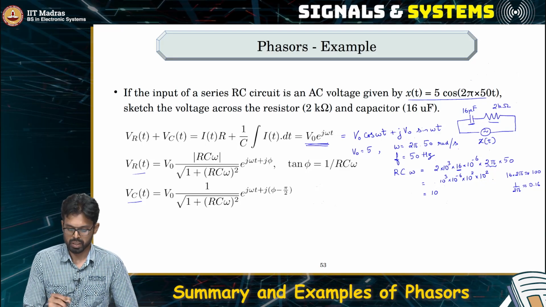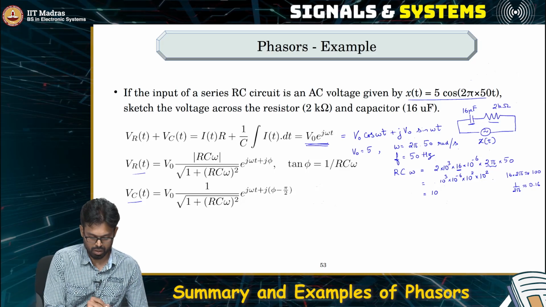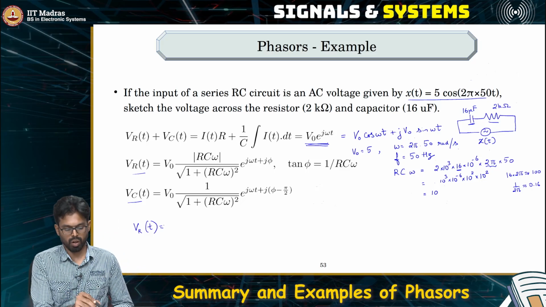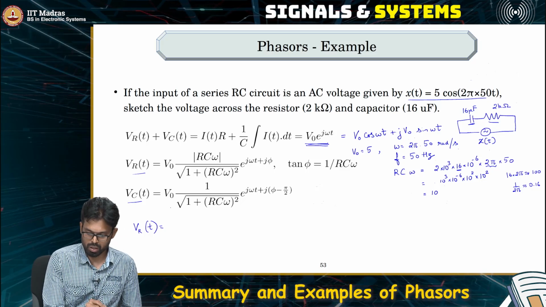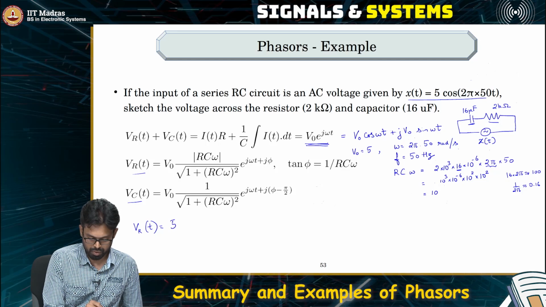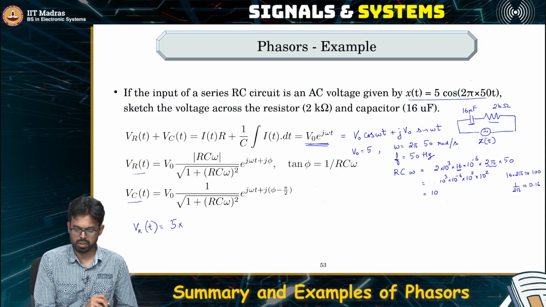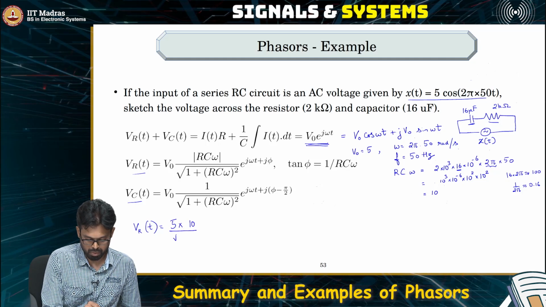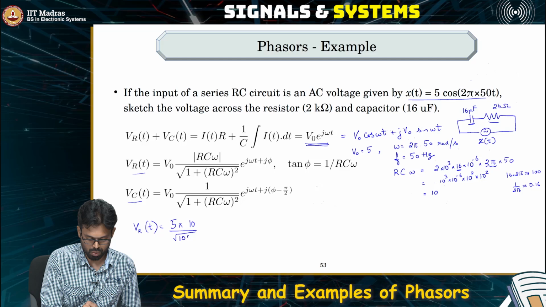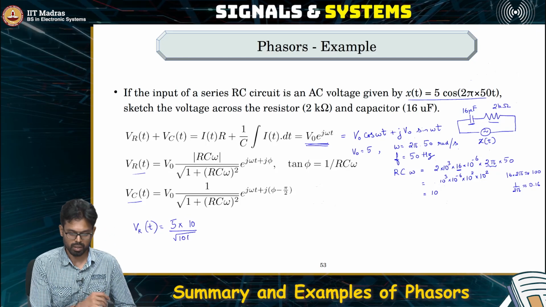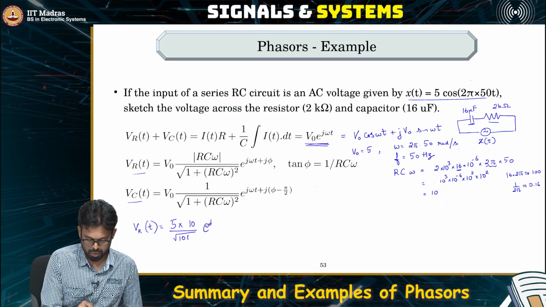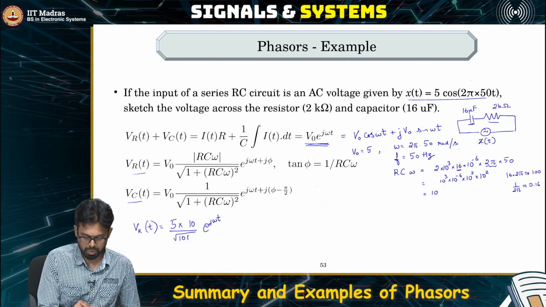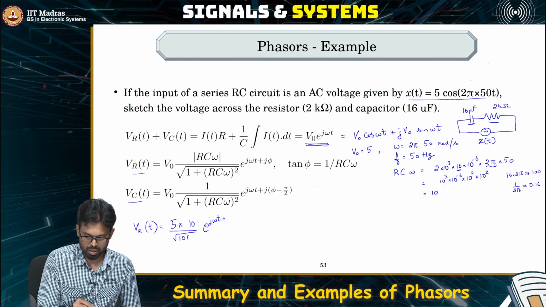Okay, so which means that we can find out now what is VR of t. So VR of t, according to this equation, is V naught, which is 5 times 10 divided by square root of 101 into e power j omega t plus j5.